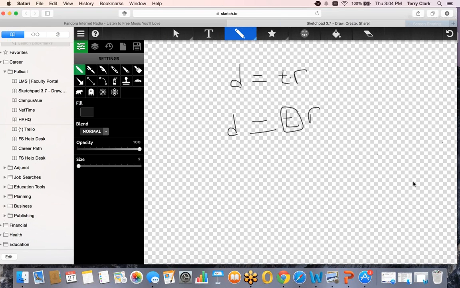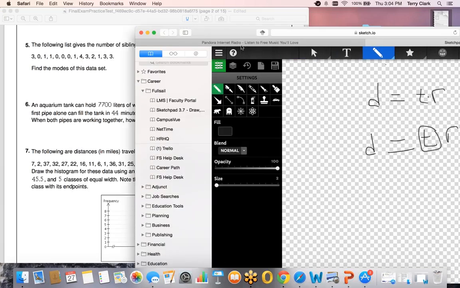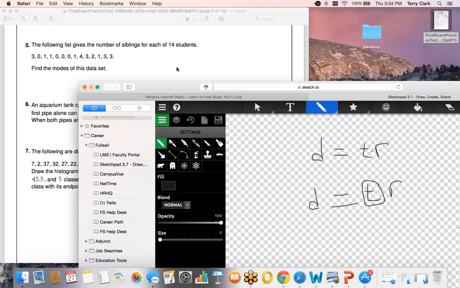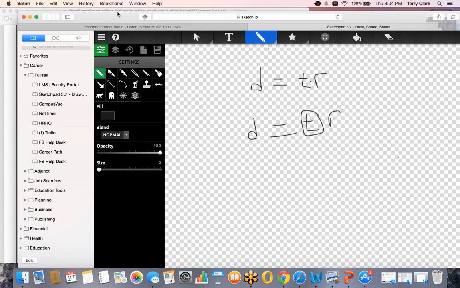If we knew that, then they wouldn't be asking the question. Now they do provide us with times. They provide us with 44 minutes and 77 minutes. But it's obvious neither one of those times is the correct time for this situation because they're asking us about time. They wouldn't just ask and you can just say, oh, that's it right there.